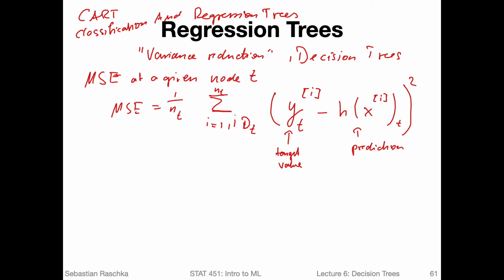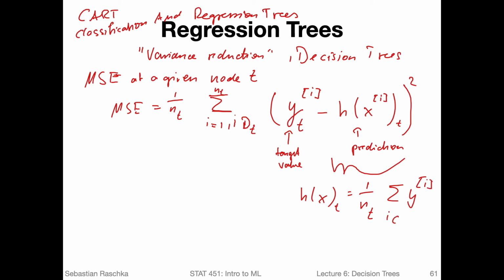So how do we compute the prediction? The prediction itself is just the average, the node average. So if we have a feature vector at node t, this would be just the average target value.